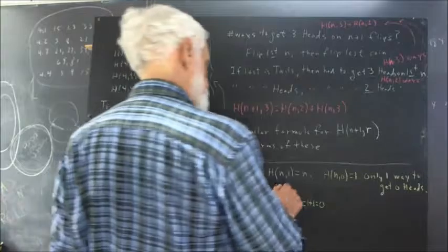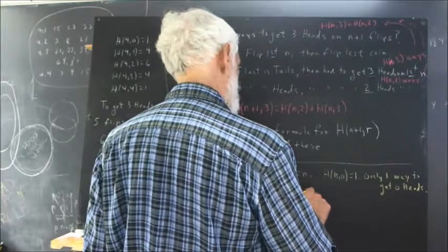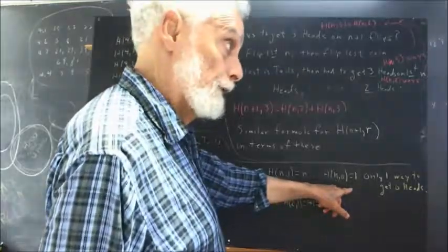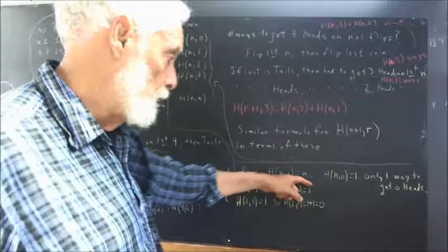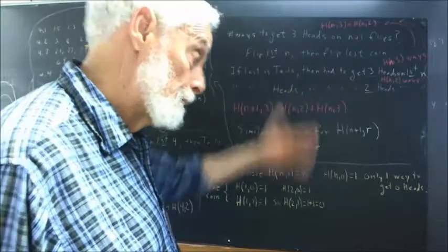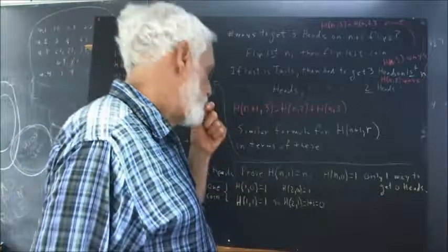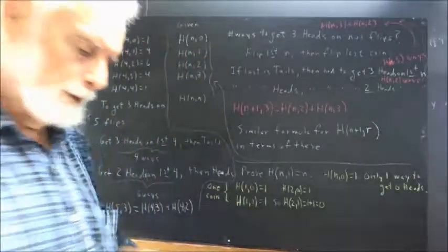Now, we can also say that we know that h of 2,0 equals 1 because of this. And we're not saying anything profound here. We're just saying there's only 1 way to get no heads when you flip 2 coins. It's to get 2 tails. Now, let me fix something here.